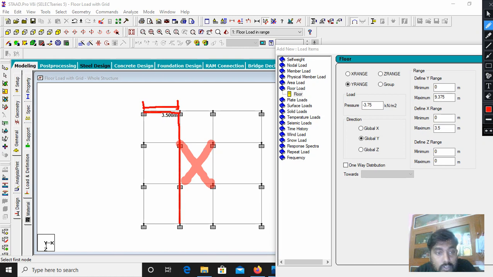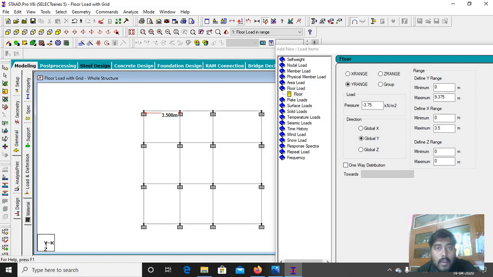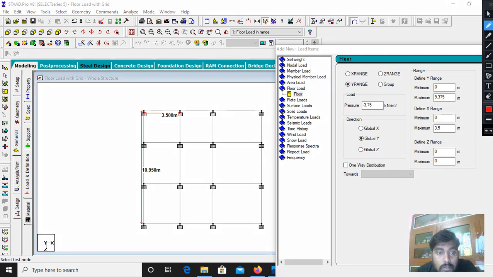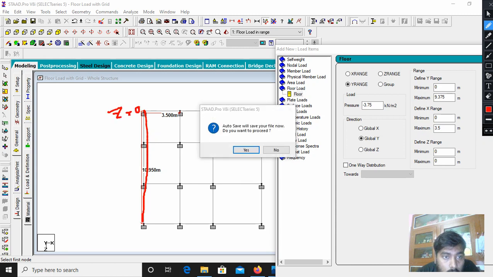Now coming to the z range. So z range will be from here to here. Here z equals 0, and from here to here z equals 10.95.